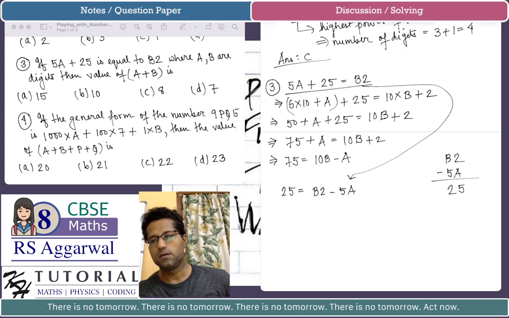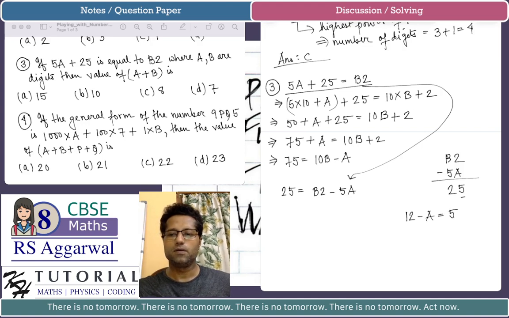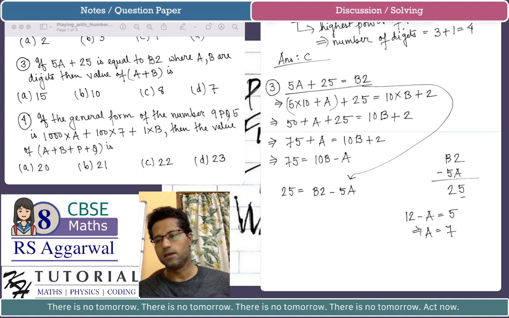Since the units digit of the difference is 5, applying the basic concepts of subtraction from the right hand side, we can say that 12 minus A is equal to 5. This implies A is equal to 7.